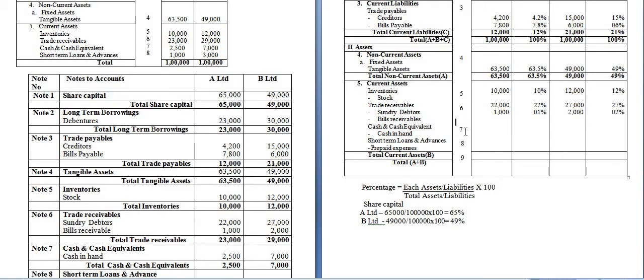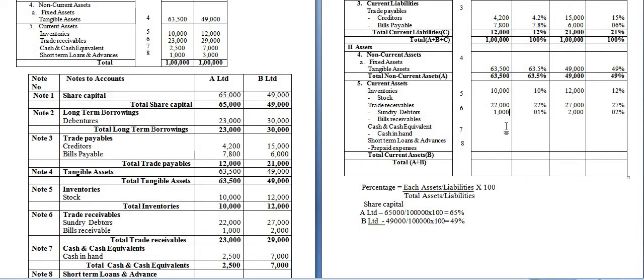Now, next one is cash and cash equivalents, and the details of cash and cash equivalents are given in note number 7. Here you can check, there is only one item, that is cash in hand.